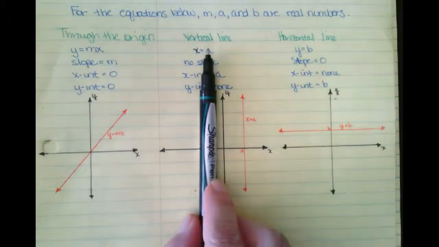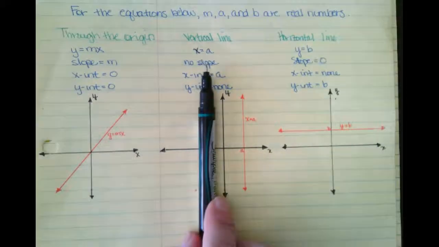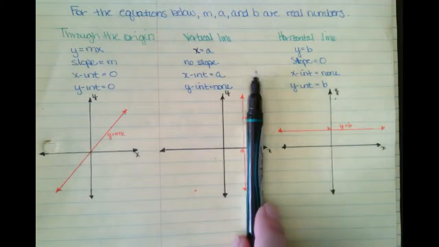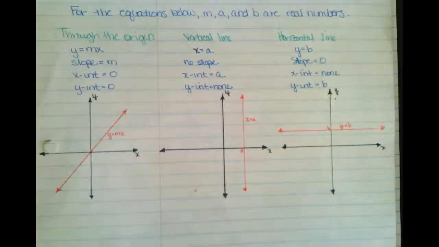A vertical line is the equation where x equals a. It has no slope. It's a wall. It's not tilting one way or the other. Not 0 slope, but no slope.